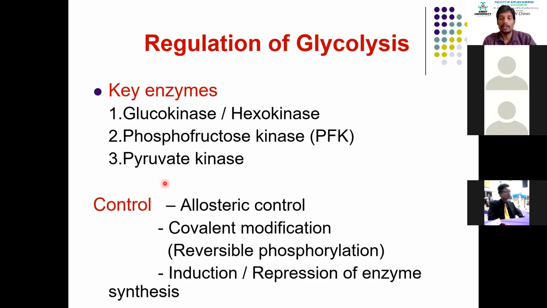These three enzymes, which catalyze three steps in glycolysis, are responsible for the regulation of glycolysis. The control is allosteric control, covalent modification, or induction or repression of enzyme synthesis. So how it is controlled and which enzymes are involved is what this slide will show you.